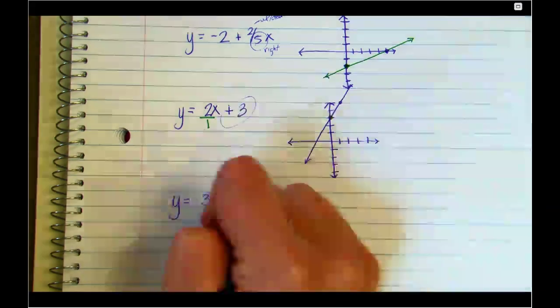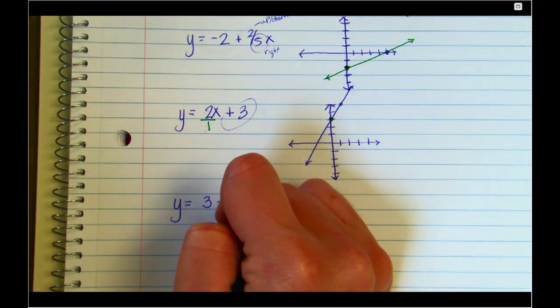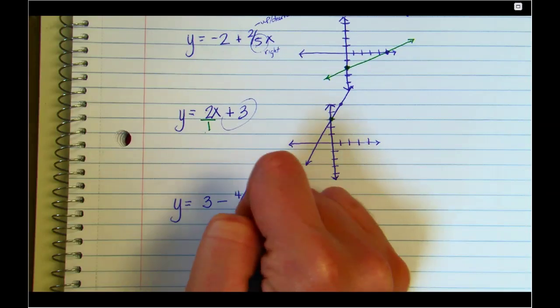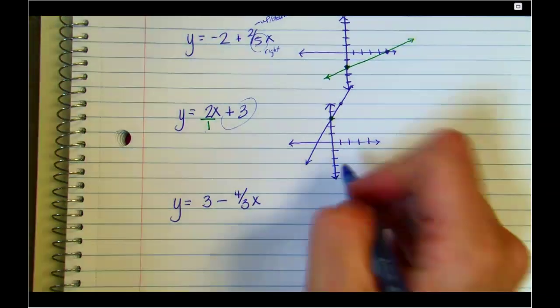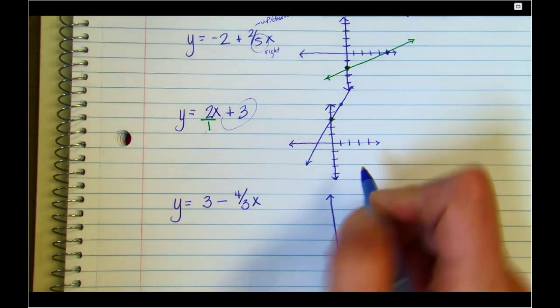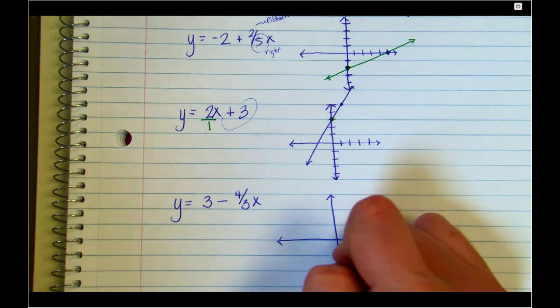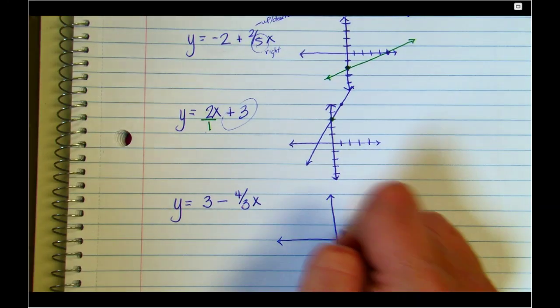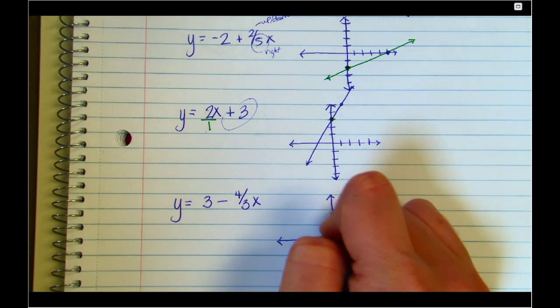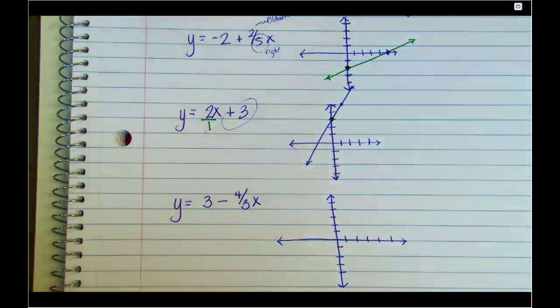Okay, next: y equals 3 minus 4/3 x. Okay, what's your y-intercept?